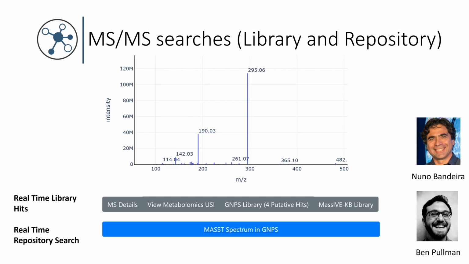So we're talking about a couple hundred thousand spectra in the spectral libraries, all the way up to billions of spectra. That's kind of exciting, and we worked with Nuno Bandeira and Ben Pullman to make that happen.